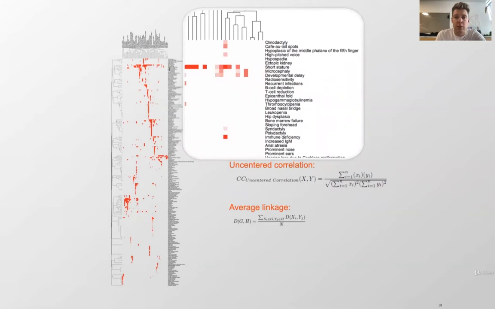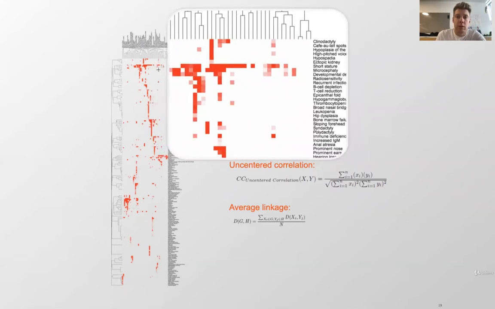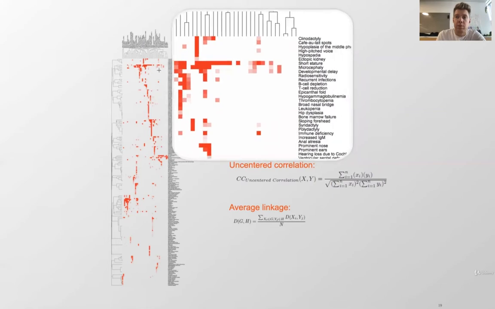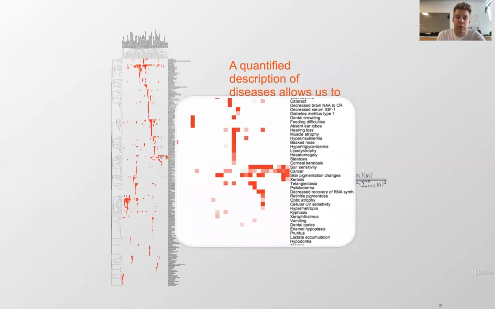So short stature, microcephaly, and developmental delay seem to co-segregate. This makes sense. These are probably related to defects in growth. There are other features that associate with each other. So sun sensitivity and cancer appear to be quite closely correlated.